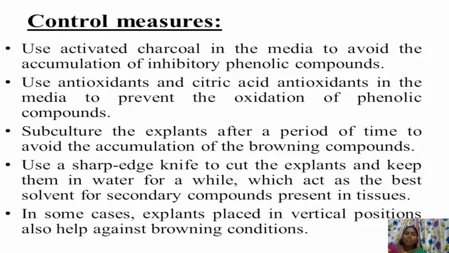Also, subculture the explants after a period of time to avoid the accumulation of browning compounds, and use a sharp-edged knife to cut the explants and keep them in water for a while, which acts as a good solvent for secondary compounds present in the tissues. In some cases, explants placed in vertical positions also help against browning, so it can be controlled.